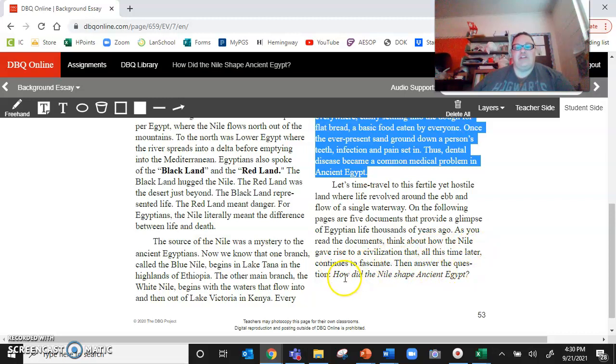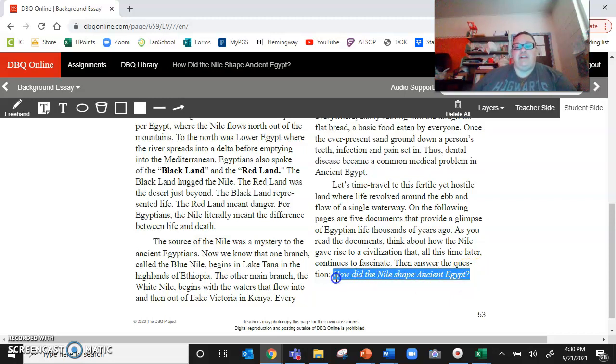Then answer the question, how did the Nile shape ancient Egypt? So, on Wednesday, we are going to be looking at 2 documents. On Thursday, we're going to look at another 2 documents. All 4 of these documents and this background essay are going to help us answer this essential question: how did the Nile shape ancient Egypt?